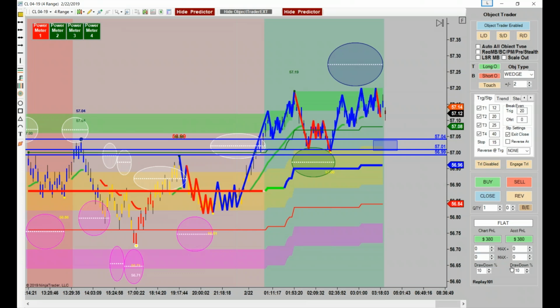Getting a little pullback. See why you don't chase them at the top? That's one thing. If you chase a trade near a top, just keep in mind that if you get up 30, 40, 50, 60, $70 on one contract and you start sliding back at all, just grab 30, 40, 50, $60.